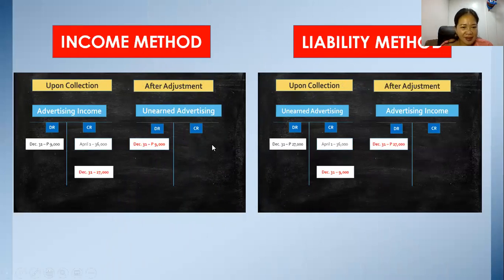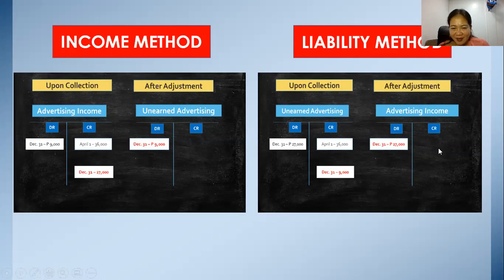So whatever method you are using, it will still give you the same amount of advertising income. For the income method, it's 27,000. And for the liability method, it's also 27,000. I will make a correction. It has to be credit, 27,000. I was not able to check it.